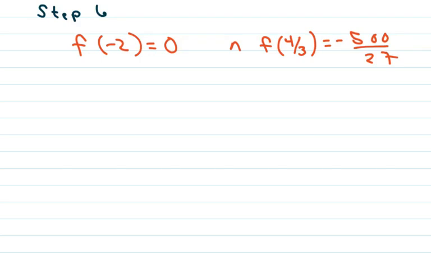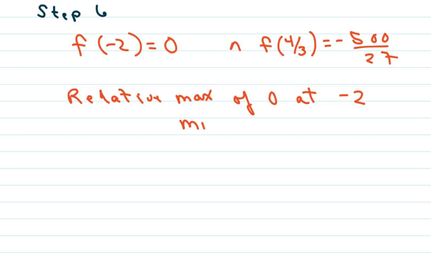So by either the first derivative or second derivative test, f takes on a relative maximum of 0 at negative 2, and a relative minimum of negative 500 over 27 at 4/3.